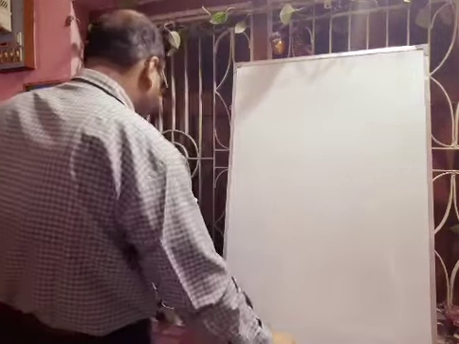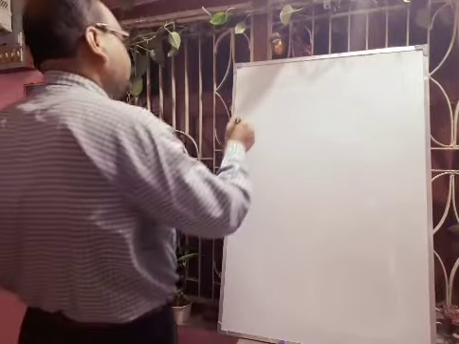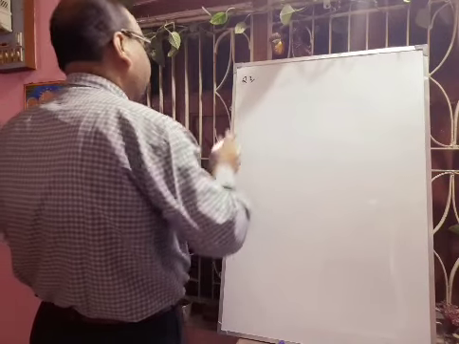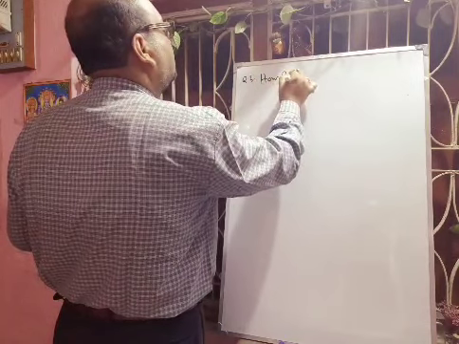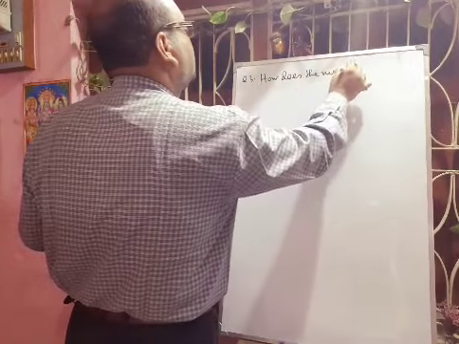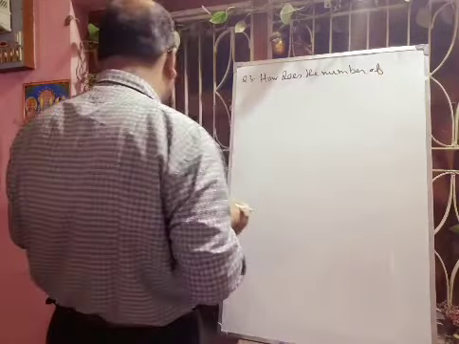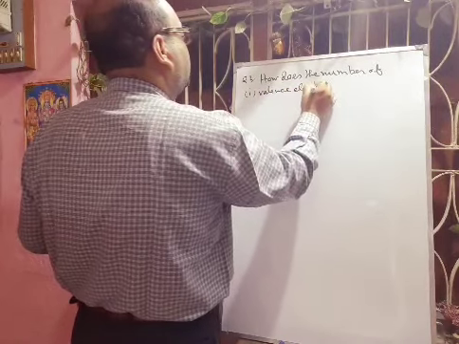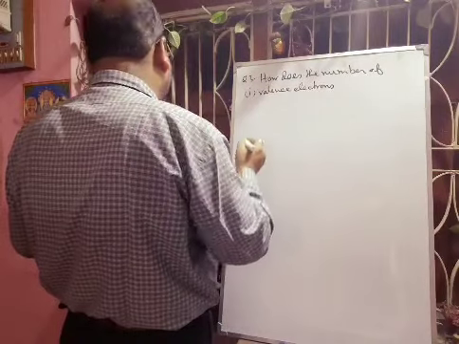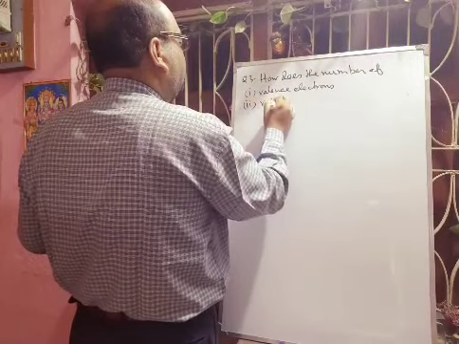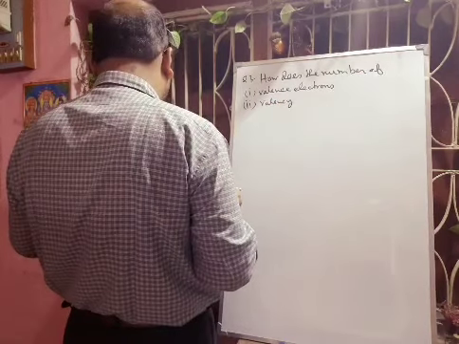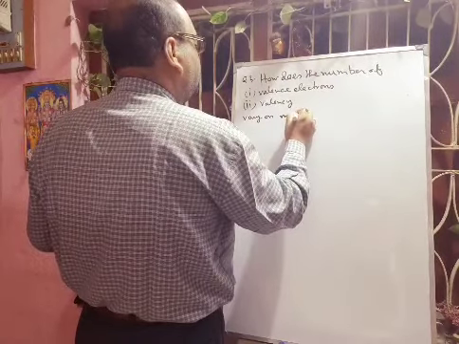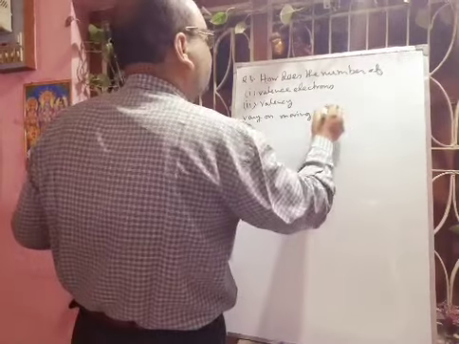Then next question, question number 3. How does the number of valence electron and valency vary on moving from left to right?